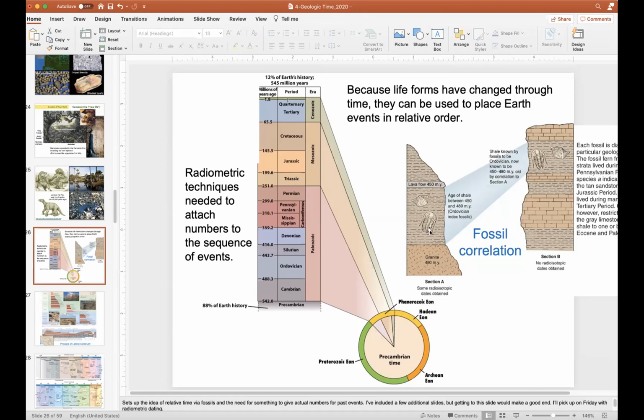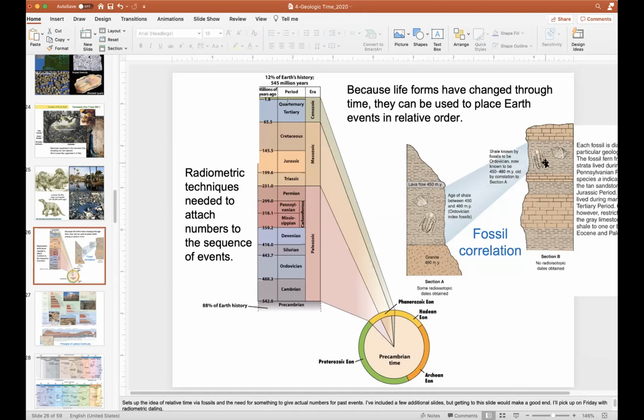You might see very similar rocks in both places because when sea level was lower, there was probably deposition of similar material in both places. I'm talking about current geography, but this is much older. But the animals that existed back then, you could correlate.